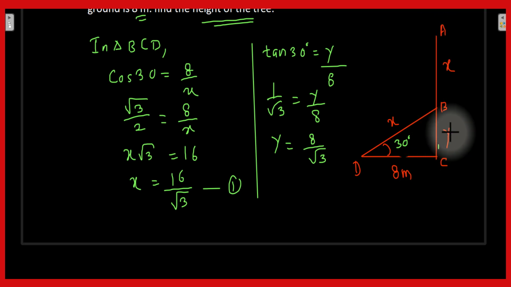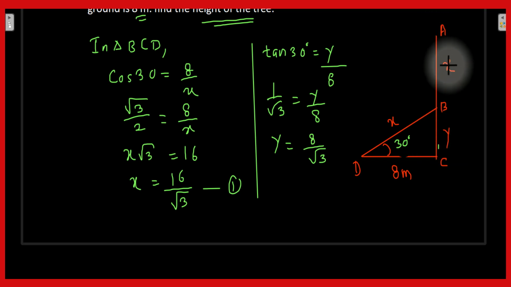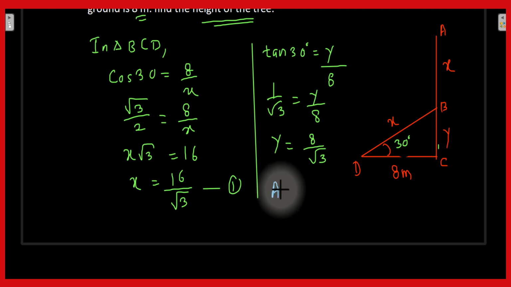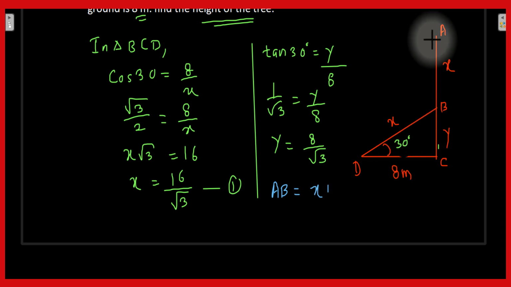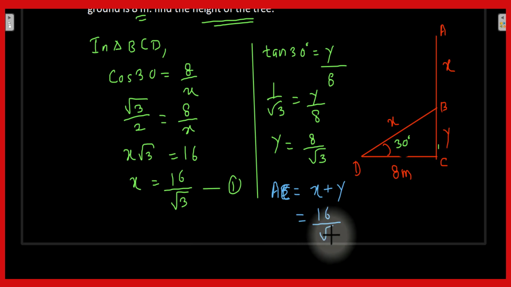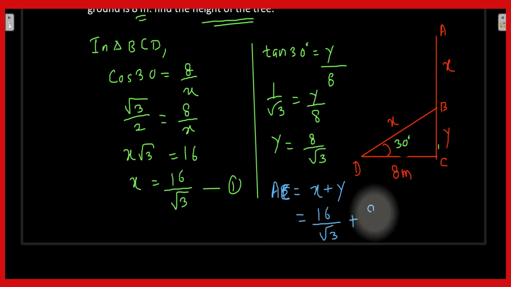So the total height of the tree will be what? X plus Y. AB plus BC will give you the total height of the tree. AB we are taking as X, and BC as Y. Therefore AC, this total distance, is equal to X plus Y. X is 16 upon root 3, plus Y is 8 upon root 3.